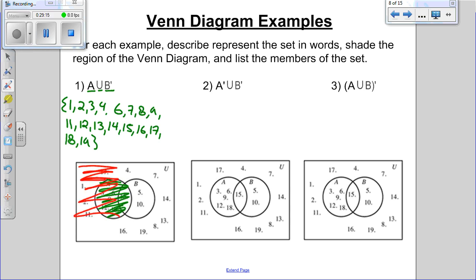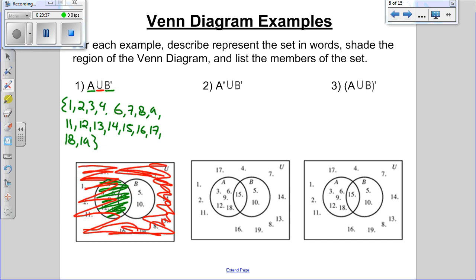When we use the symbol and, we were talking about where the two colors intersected each other. When we're talking about the word or, we just care about anywhere that there's color. So anything that I've colored in counts as part of this subset.